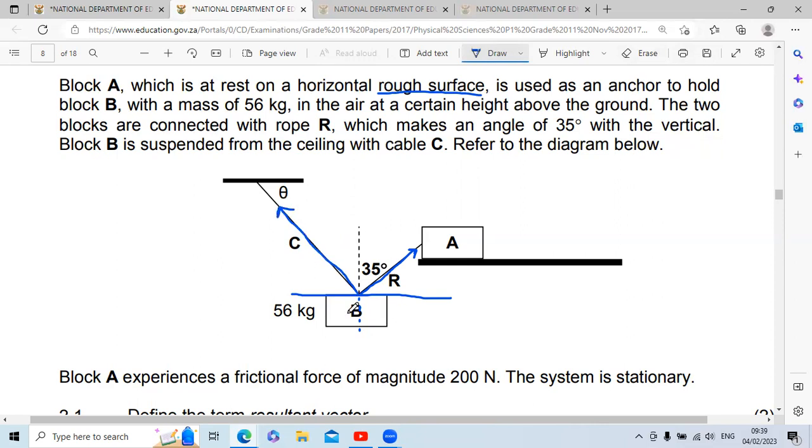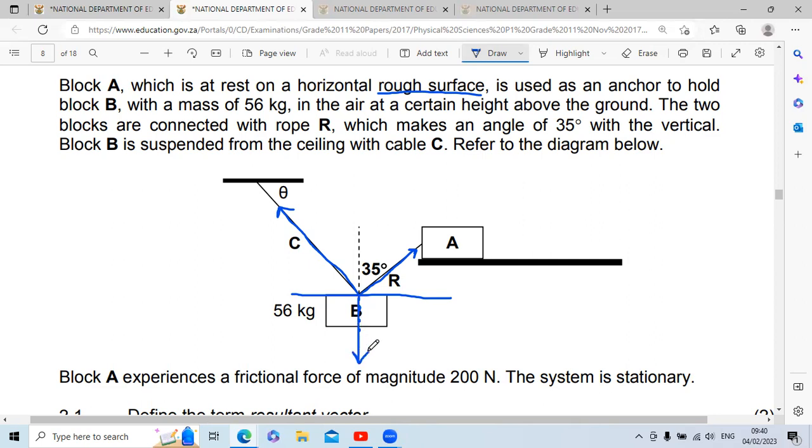Since B is just hanging there and they say it's above the ground, we automatically know that if anything is on the ground or above the ground but on earth, there's always going to be that force of gravity affecting it, right? And since B is hanging, the force of gravity will affect it.